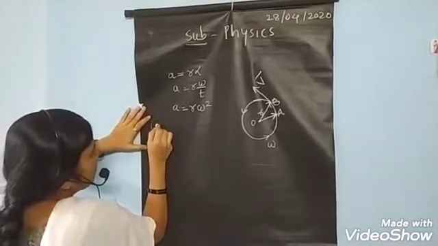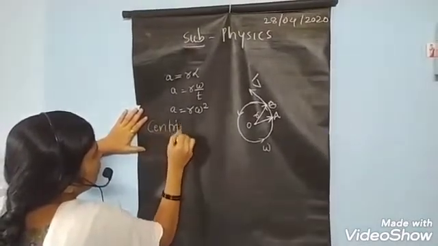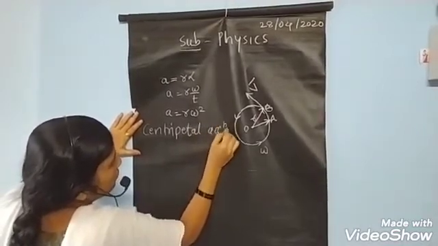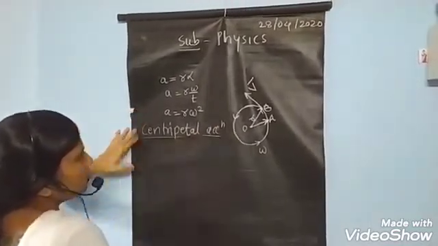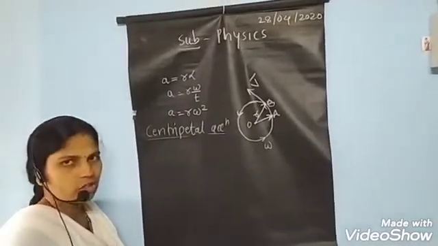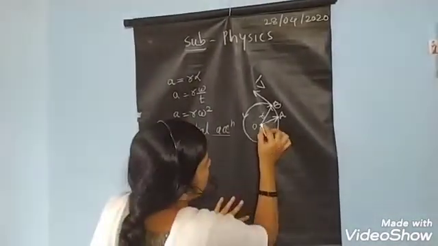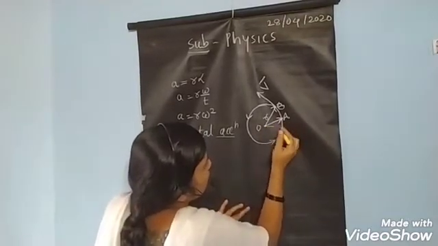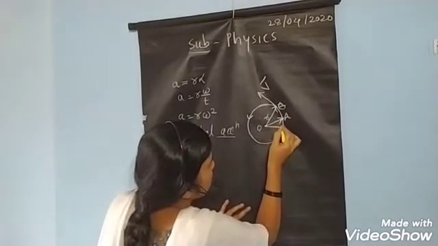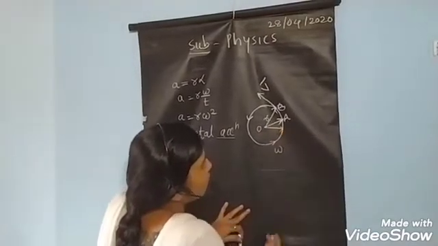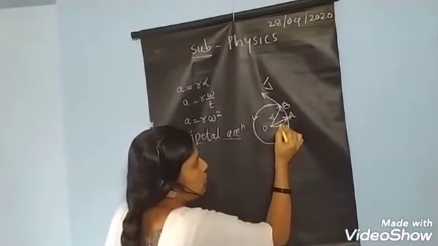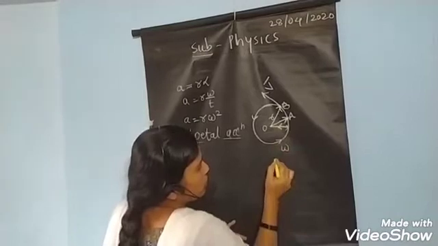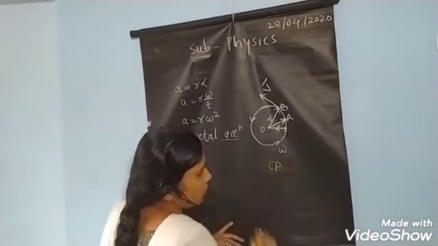First is called centripetal acceleration. Centripetal acceleration is acceleration acting towards the center. We show that acceleration like this. This is the position vector, or the radius vector along the radius of the circle. Acceleration acting towards the center is called centripetal.